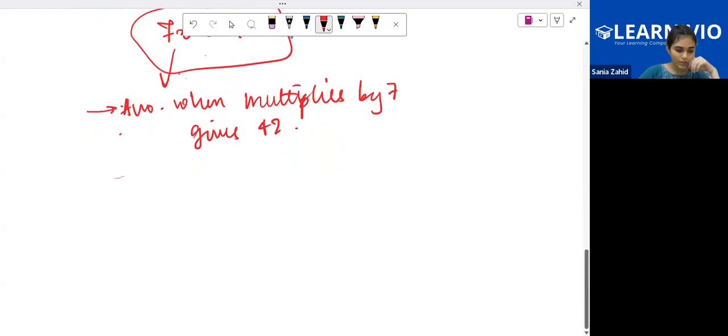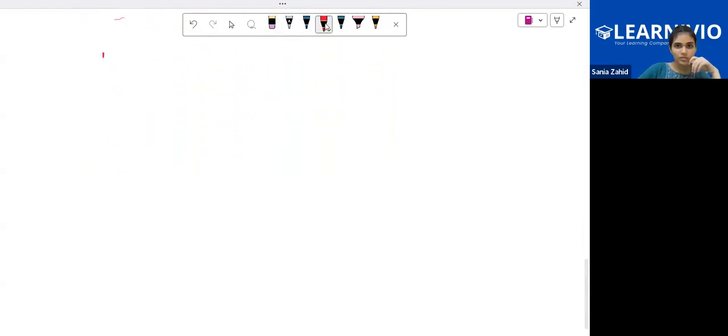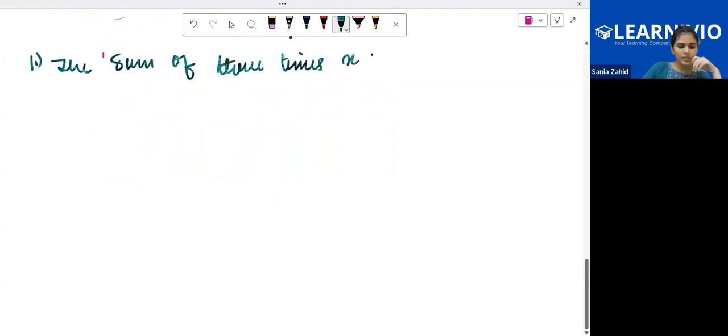Okay, very good. So now I shall be giving you a few statements. You have to form the equations. The first statement is the sum of 3 times x and 11 is 32.